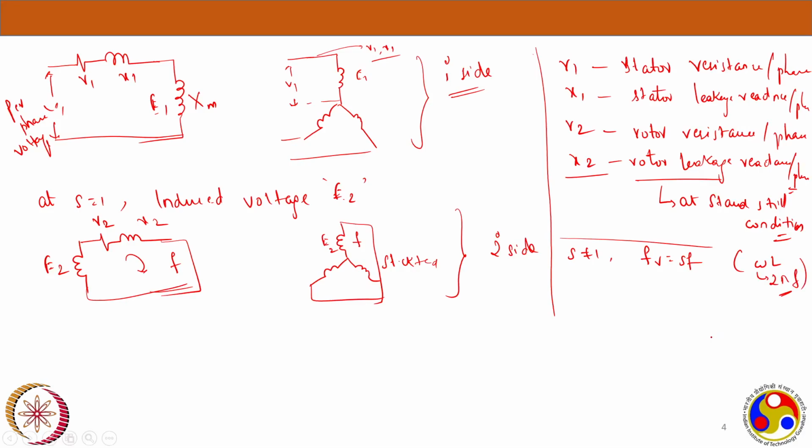That's why when your motor runs, your FR will change, so the reactance value must be modified. So X2 would be modified, that we will look into later in subsequent discussions. That's for a later part. Now we will see the first simple part, which is at standstill condition.